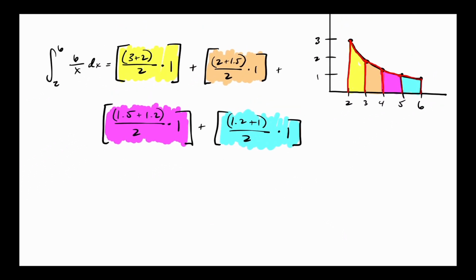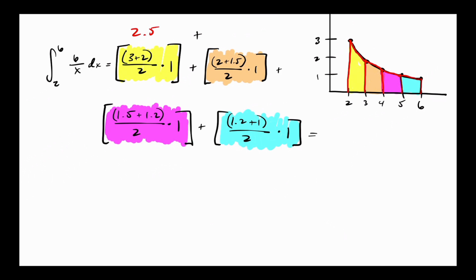Okay. We just need to do some math now. The first guy is, what is that, 5 over 2? So the first one's going to be 5 over 2, which is 2.5. Use a different color. 2.5 plus. The next guy is 3.5 divided by 2.